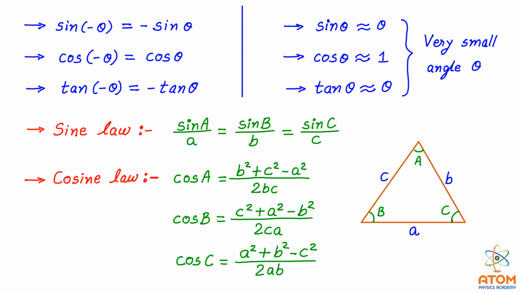In the same way, cos B is equal to c square plus a square minus b square upon 2ac. Then cos C is equal to a square plus b square minus c square upon 2ab. So these are sine law and cosine law which can be applied to any triangle.